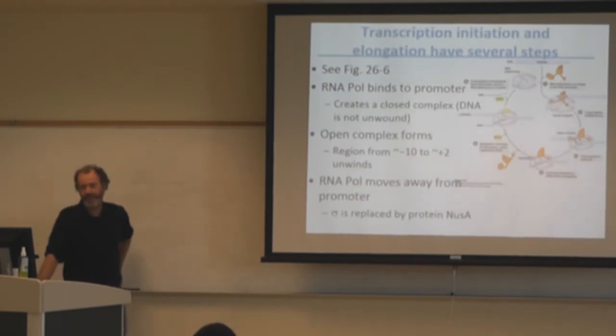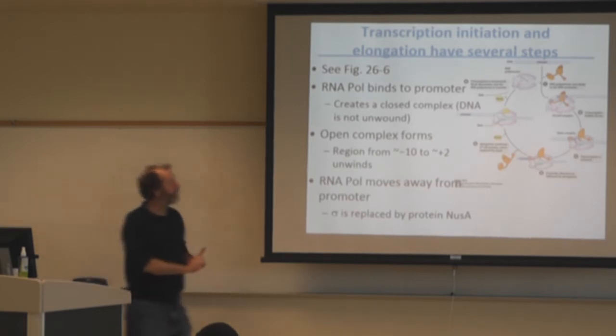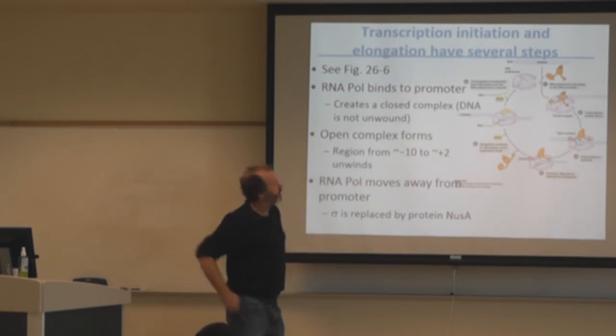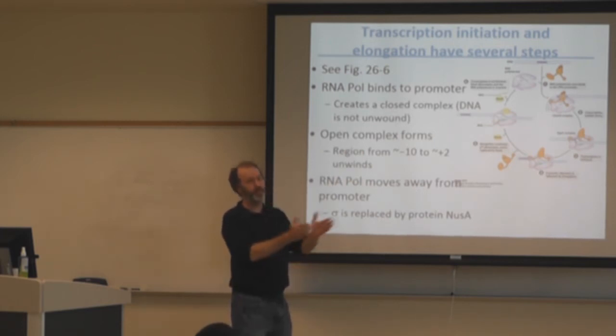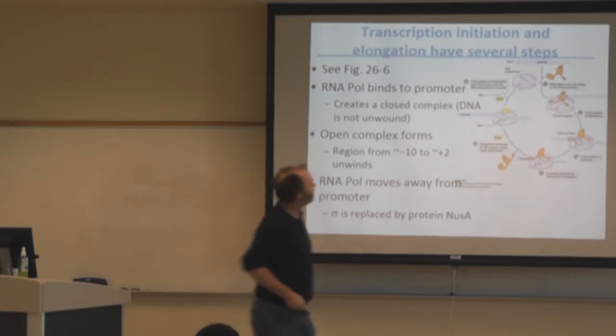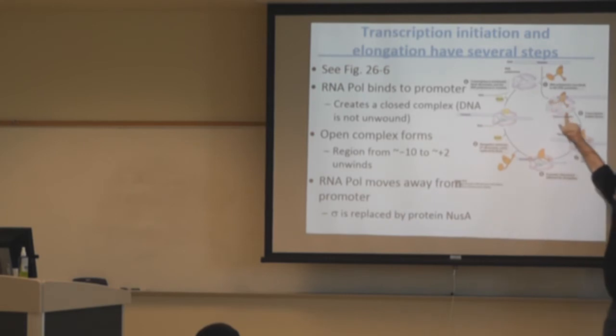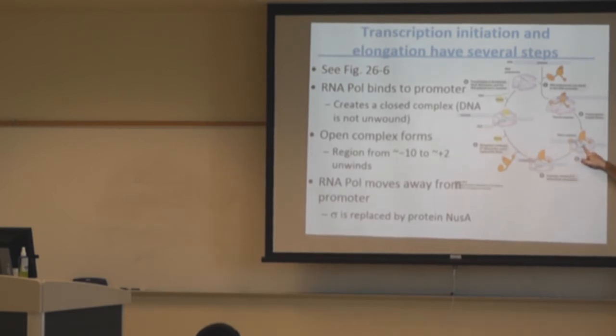So transcription initiation and elongation have several steps. RNA polymerase binds to the promoter, creates a closed complex, and is not unwound. So it's a closed complex when the DNA is not unwound at all, still together. So I think they show that here. RNA polymerase core binds to the DNA promoter, and this is still a closed complex. It doesn't become an open complex until you open that bubble.